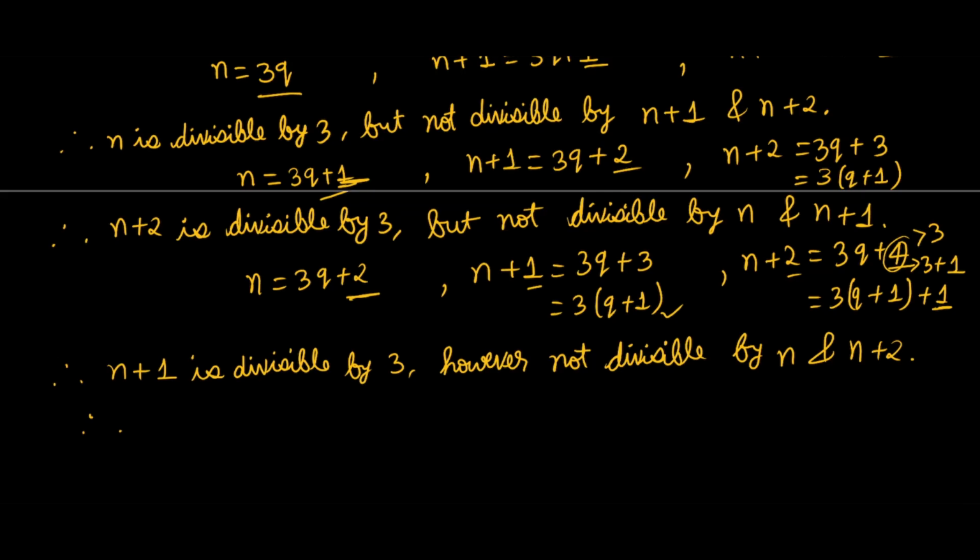Hence, one of n+1 and n+2 is divisible by 3.